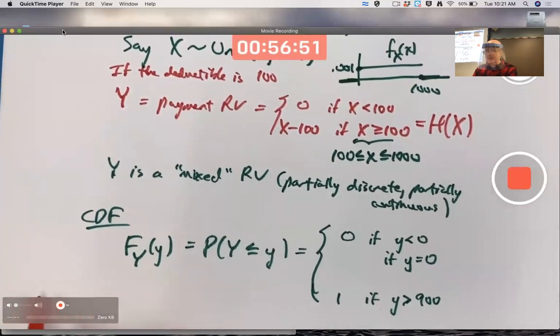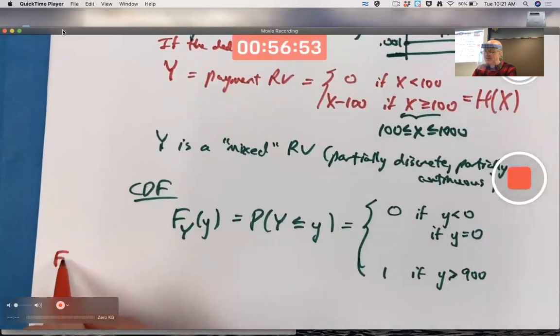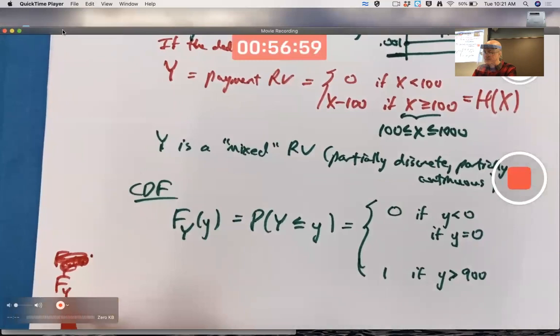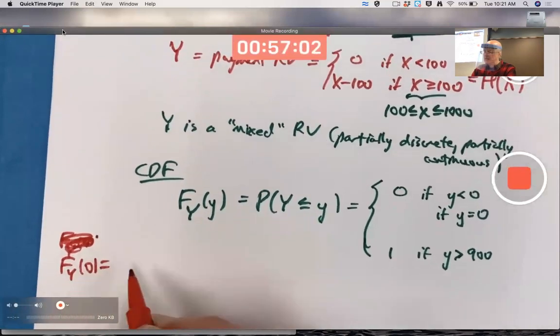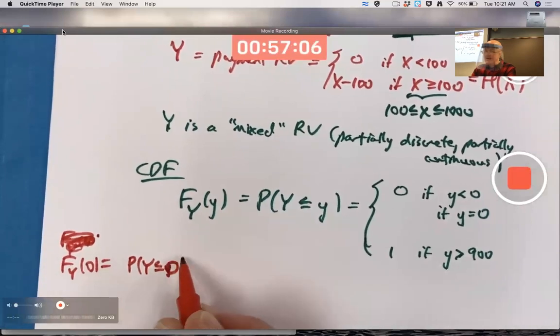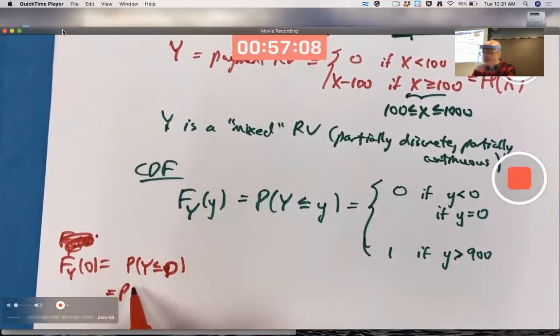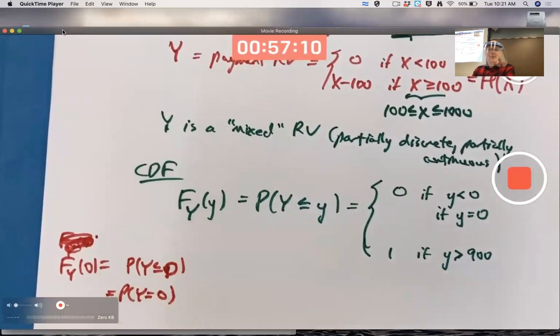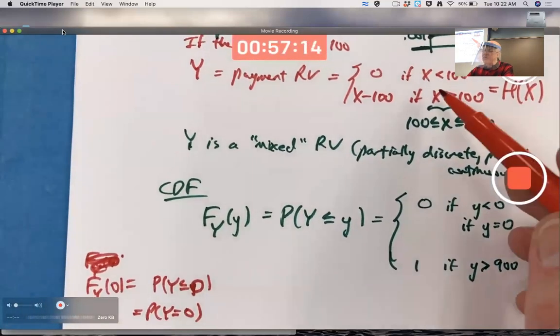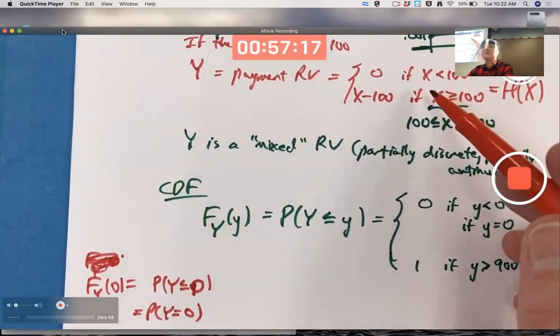Let me just do a little side calculation over here. F sub capital Y of 0, the probability that Y is less than or equal to 0, turns out to equal the probability that Y equals 0, which, because of how Y is related to X, is the same as the probability that X is less than 100.